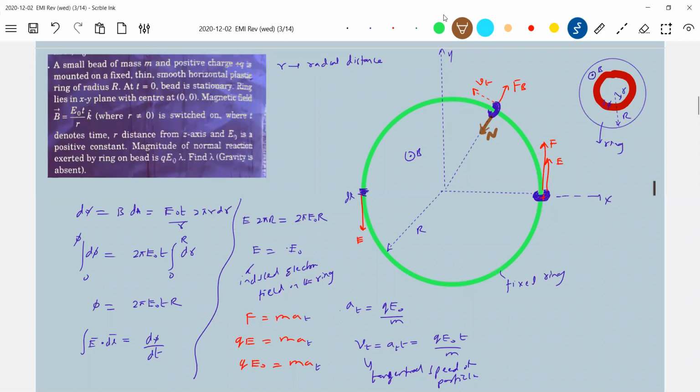If you are still not getting the idea, the bead is on the ring in a position like this.